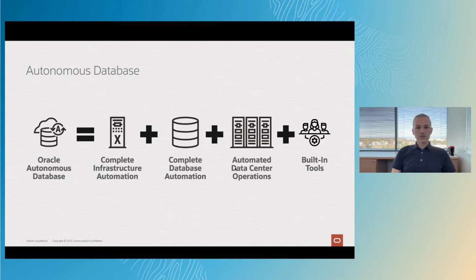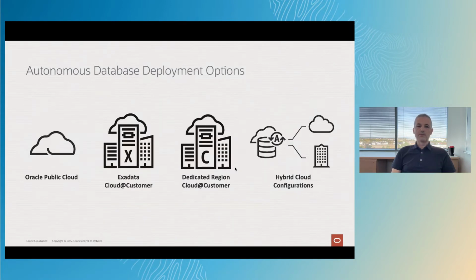A couple examples include Oracle Machine Learning Notebooks to run machine learning models, Graph Studio for doing graph processing, data loading user interfaces, data analysis, data lineage analysis, impact analysis, as well as data transforms user interface for transforming your data inside your database or pulling data from other resources. So Autonomous Database gives you the complete package. It gives you the fully managed Oracle database as well as additional tools on top of the database.